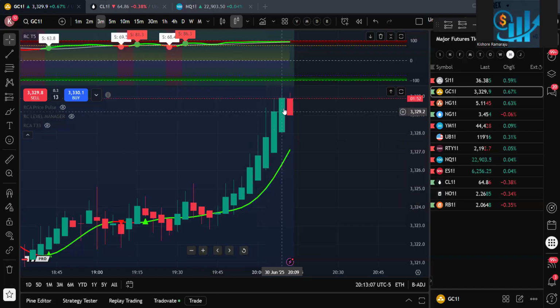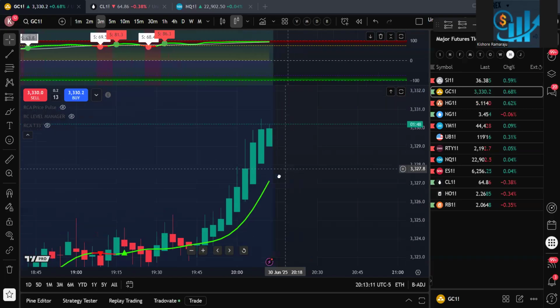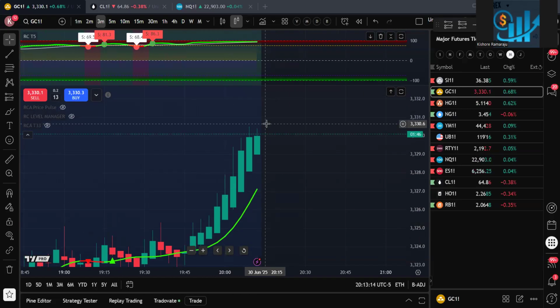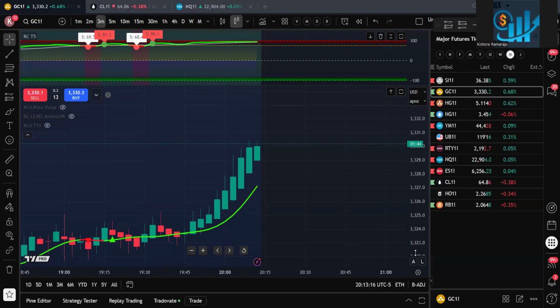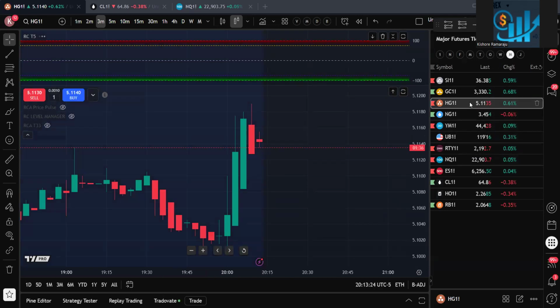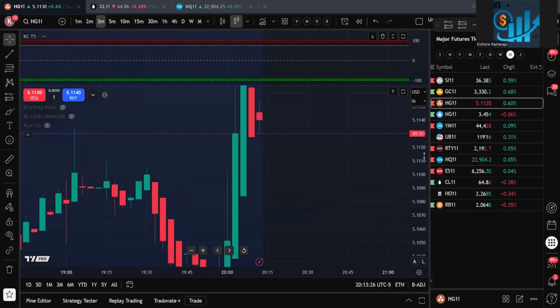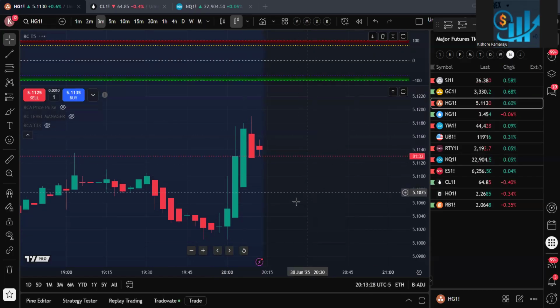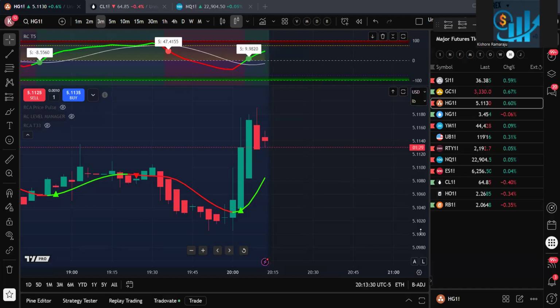If you see candles like this, wick at the top, wick at the top, wick at the top, that means it is very, very bullish. So we need to look at those tickers where there is a proper bullish trend or bearish trend. If there is any ticker where the trend is not proper, better you avoid such tickers.